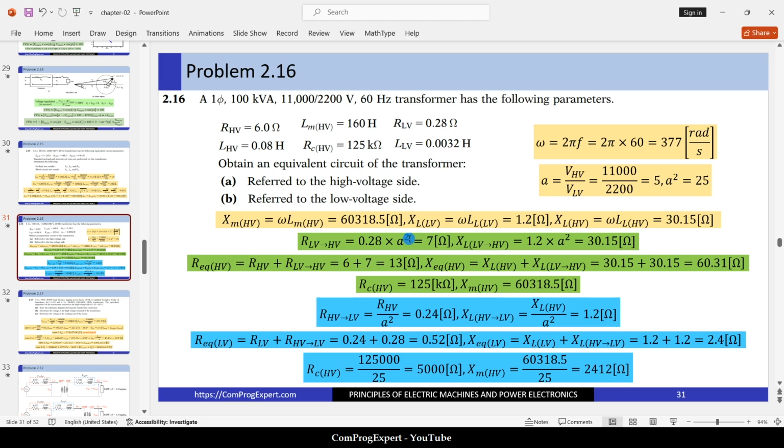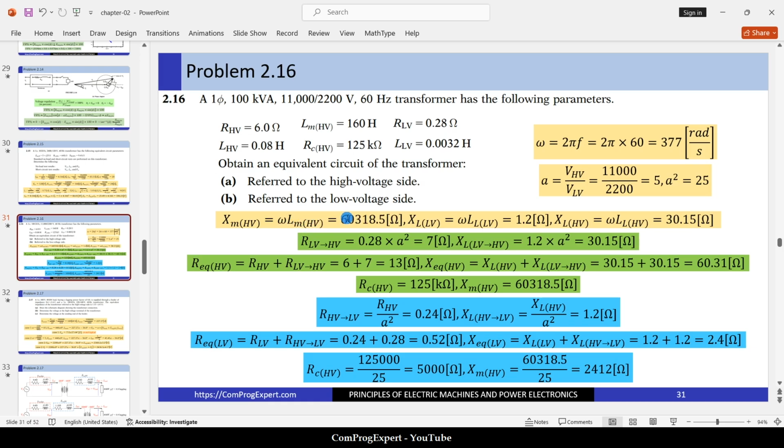So first, let's calculate the parameters of the equivalent circuit considering the high voltage side. Then we derive parameters for the low voltage side. The magnetizing reactance for the high voltage side is omega times Lm for the high voltage side.